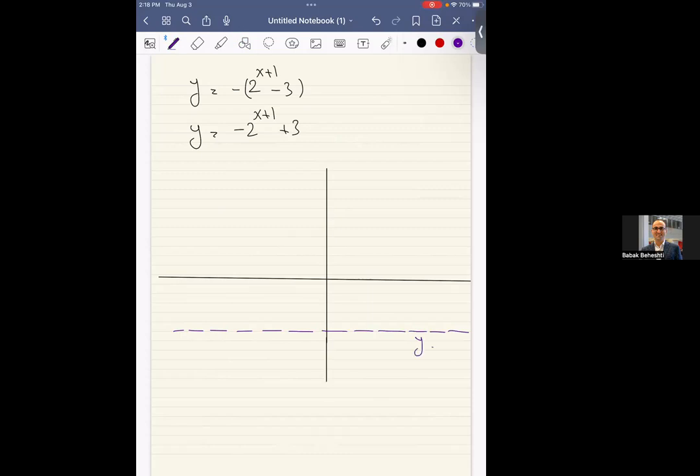So this is y equal to negative 3. And y equal to 2 to the power x plus 1 minus 3.